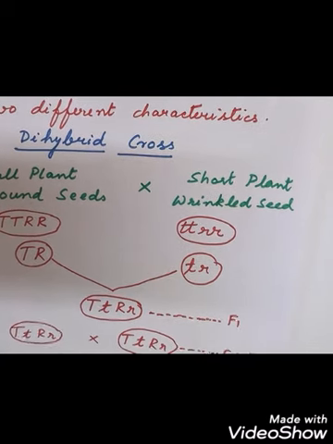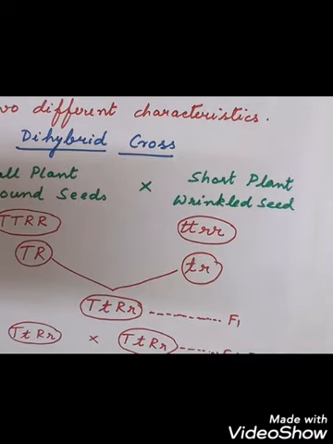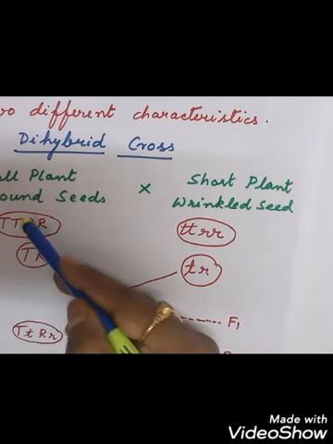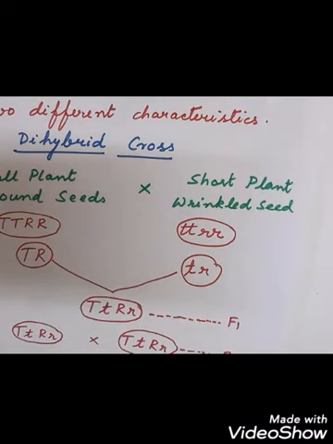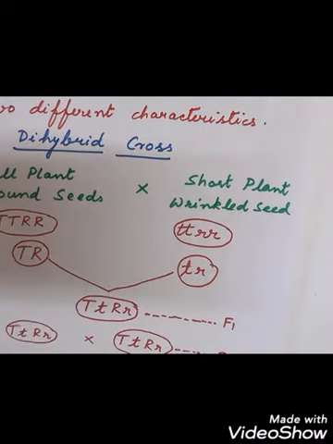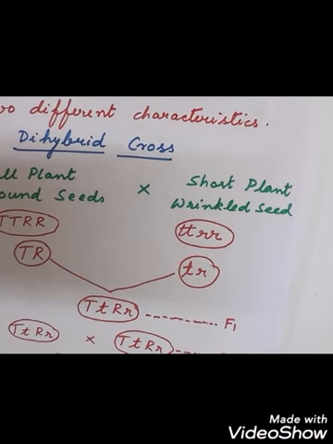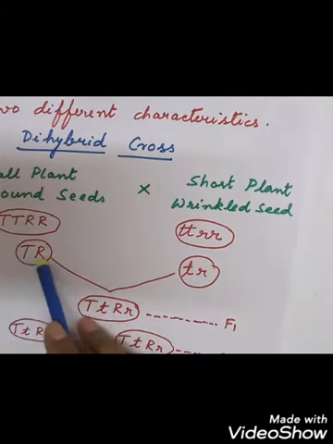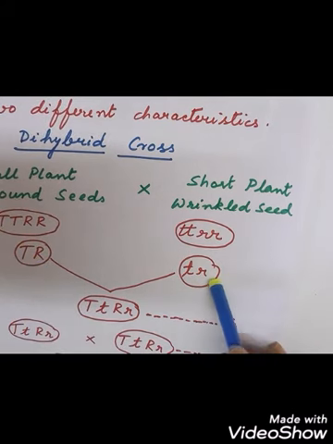Now in the previous cross you got the gametes as capital T and small t separately, but here you will get capital T R from one parent, and small t, small r from the other.